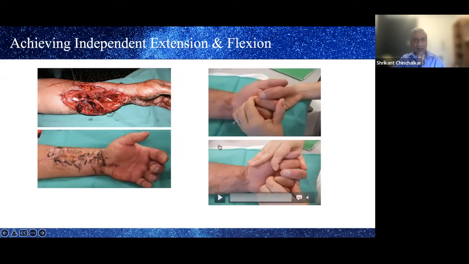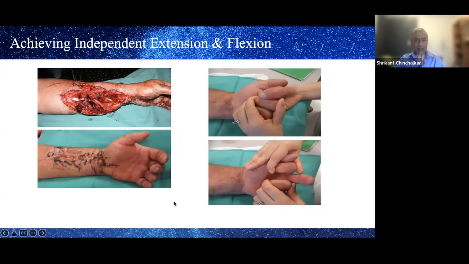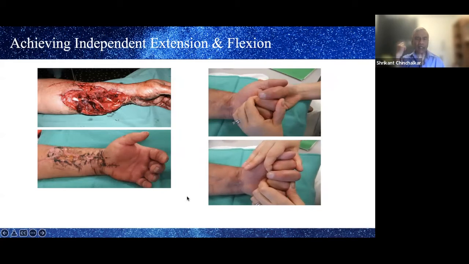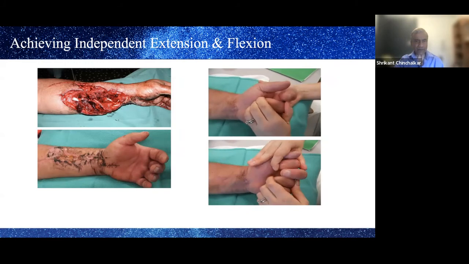We are encouraging him to perform one finger extension in a controlled manner so that we can glide these tendons away from each other so that they have freedom of motion, so that they can move one finger extension and one finger flexion at a time.